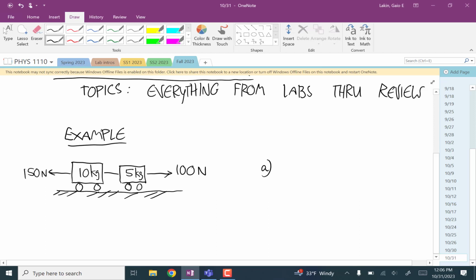And you want to calculate two things. The acceleration vector. It doesn't matter which one you do the acceleration for, it's all the same. And second, the force on the 10 kilogram by that cable in the middle.